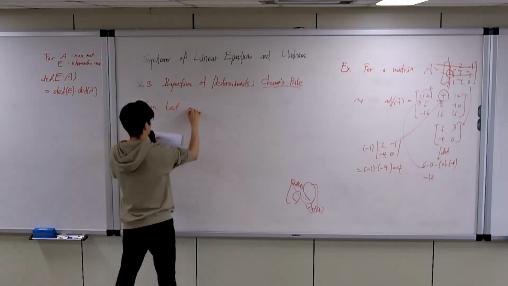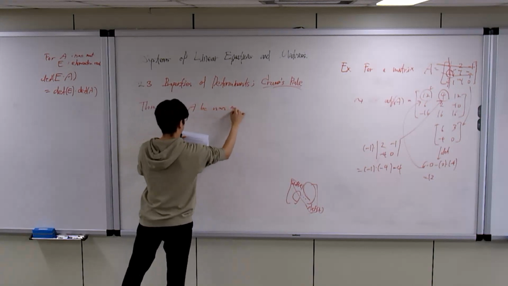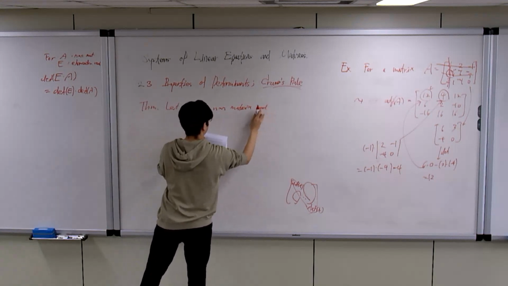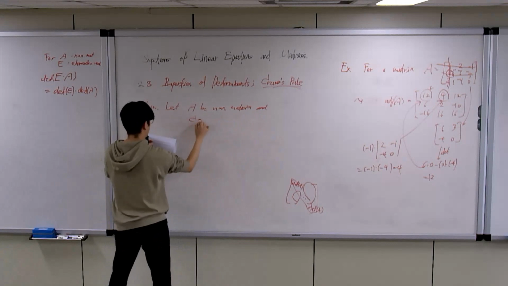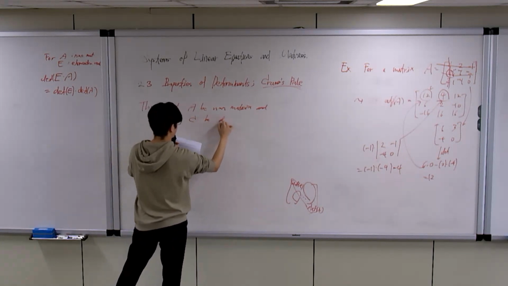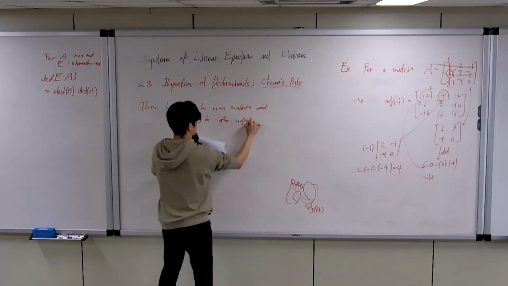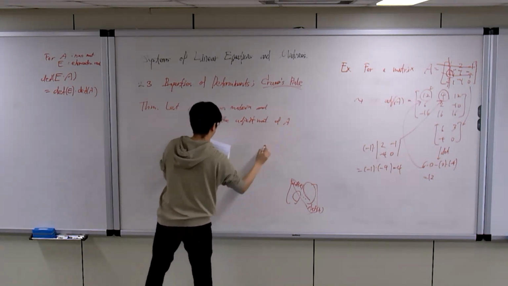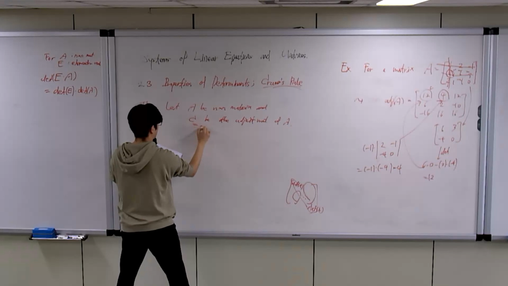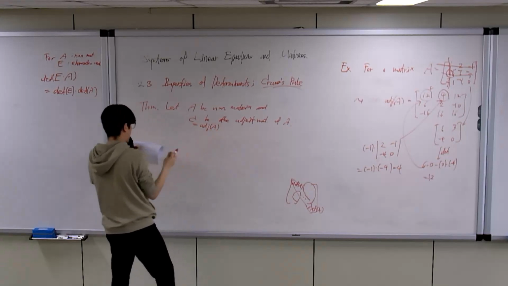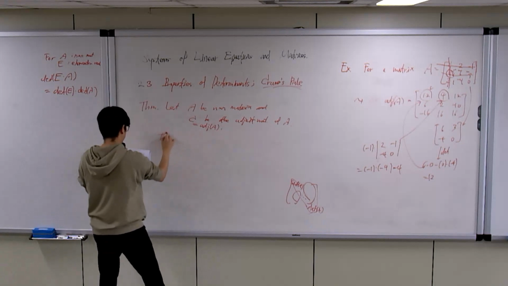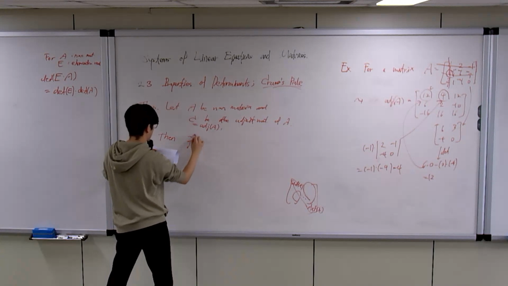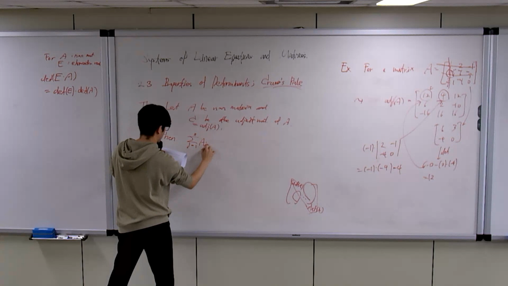Let A be an n by n matrix, and let C be the adjoint matrix of A. That means C is adjoint of A. Then the determinant, not determinant, its matrix multiplication is the sum of Aij Cjk.